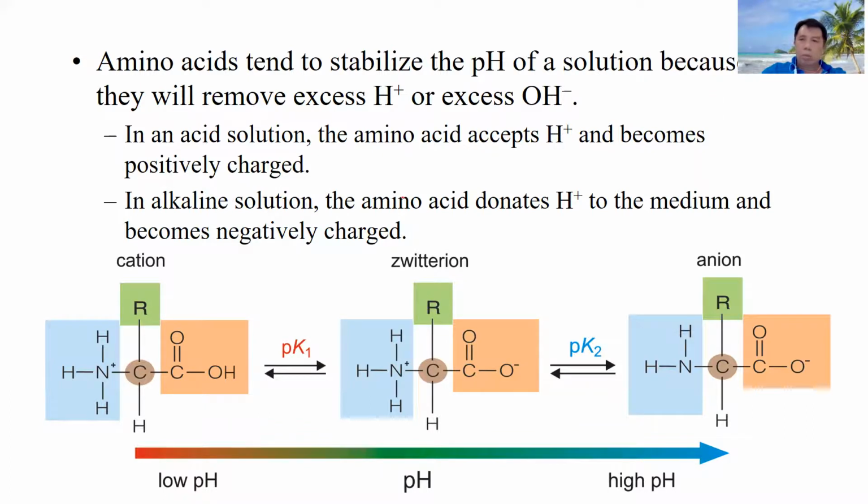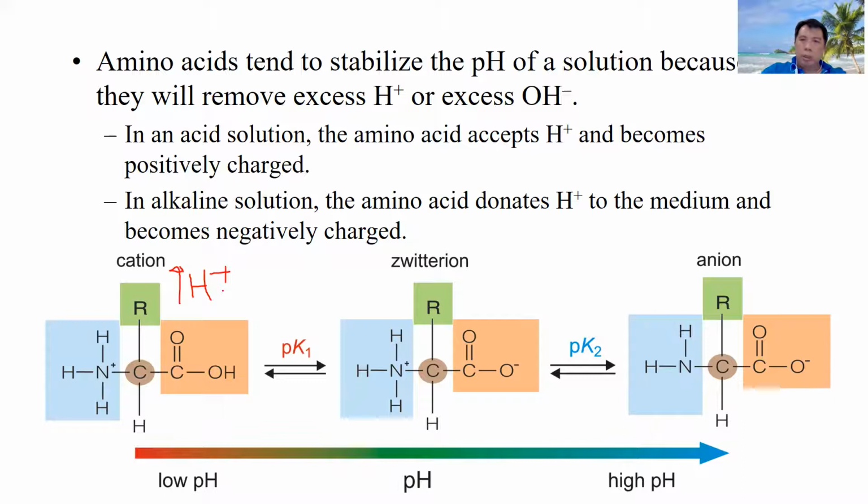So the amino acids tend to stabilize the pH, as we mentioned just now. Actually, how do they do that? In an acid solution, with low pH, for example the cytoplasm or the surrounding of blood becomes acidic, there is a high concentration of hydrogen ions.